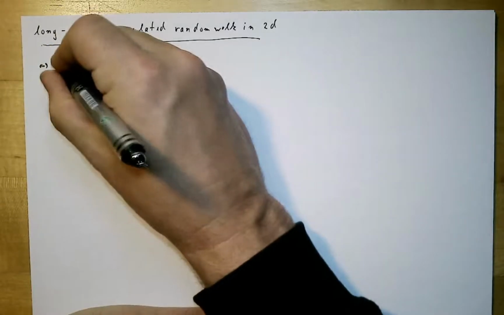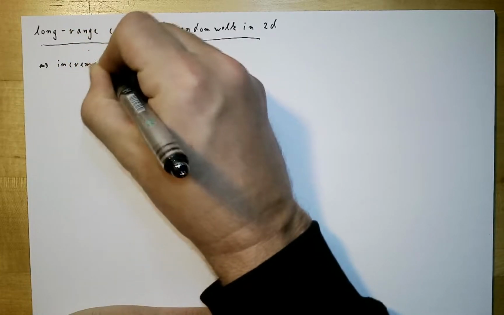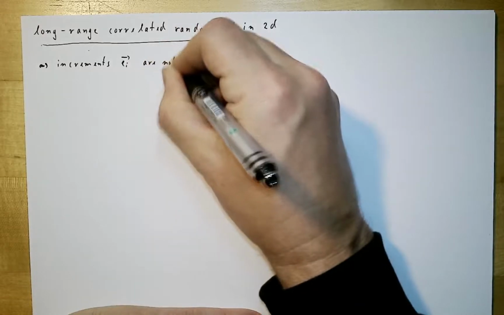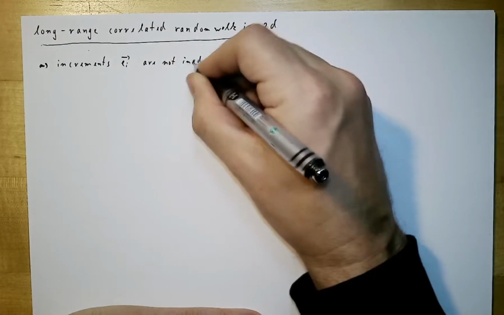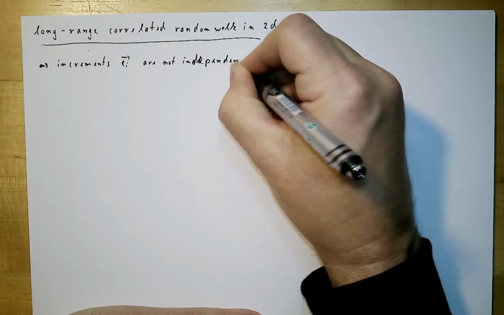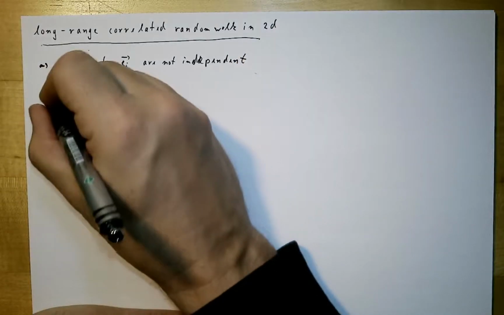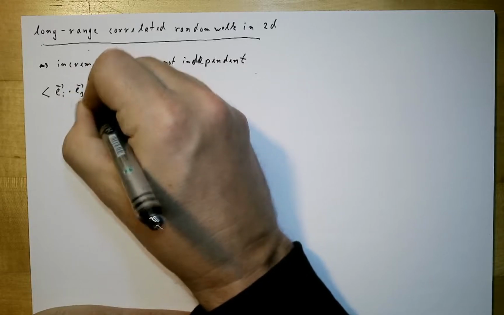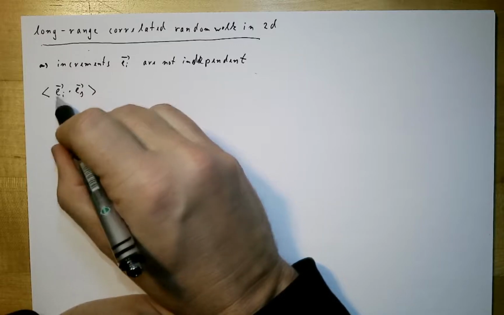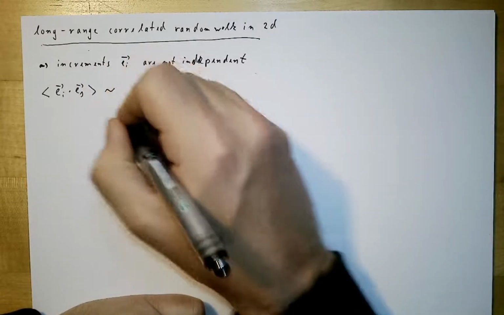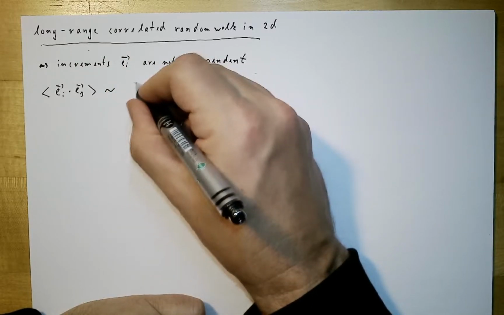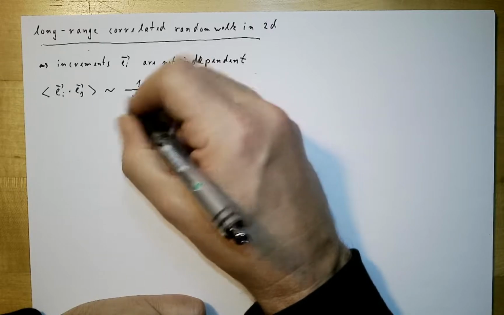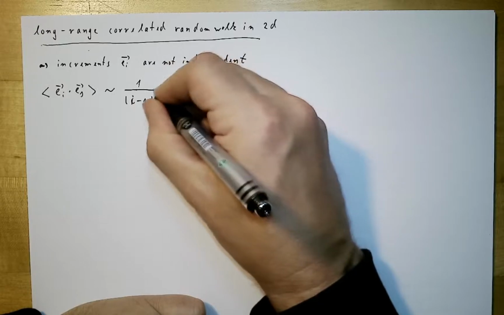So this means the vectorial increments e_i are not independent, and this means if we have this autocovariance function, e_i times e_j, and if the increments have the same length, that's the cosine of the turning angle, this then goes as a power law function of |i minus j|, so the time difference in absolute values, to some exponent gamma.